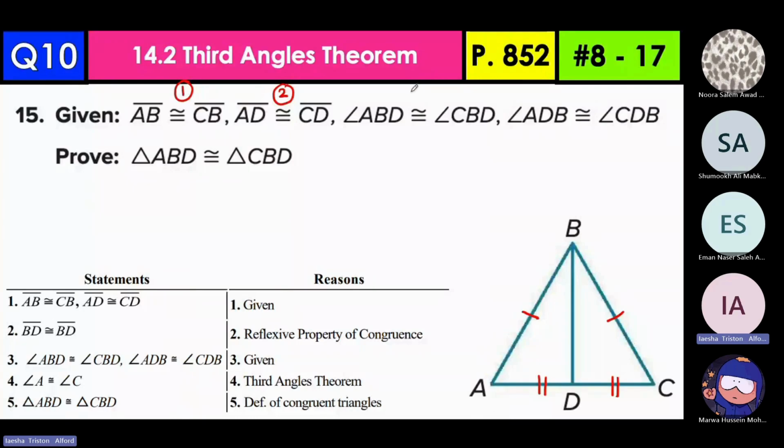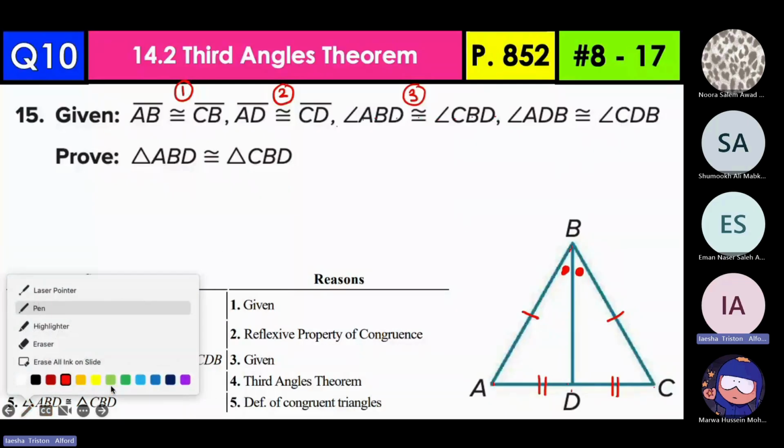Given number 3, angle ABD is congruent to angle CBD. ABD, so this one, is congruent to CBD, so this one. Given number 4, I'm going to change the color.